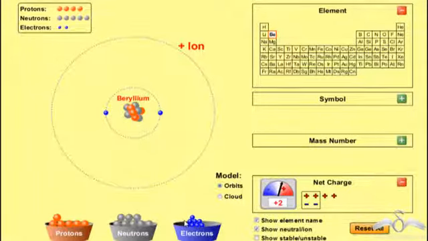So when we add electrons or when we remove electrons, this becomes a charged species which we call an ion. When we add electrons, the total number of negative charges increases, so it becomes a negatively charged ion. When we remove electrons from the neutral atom, the positive charges are more than the negative charges, so it becomes a positively charged ion.